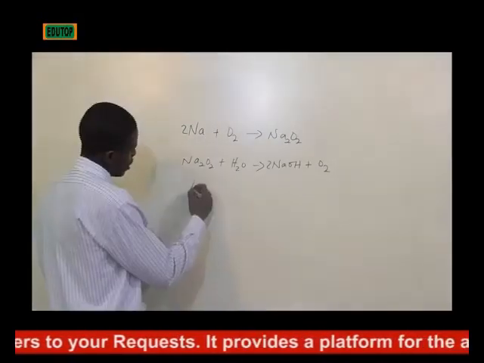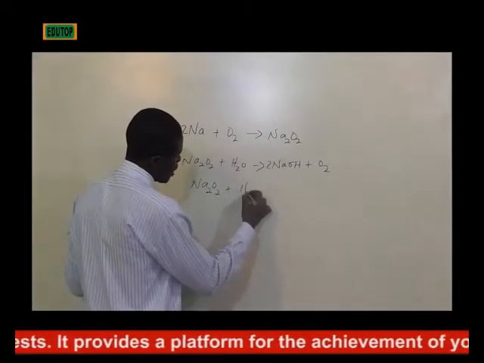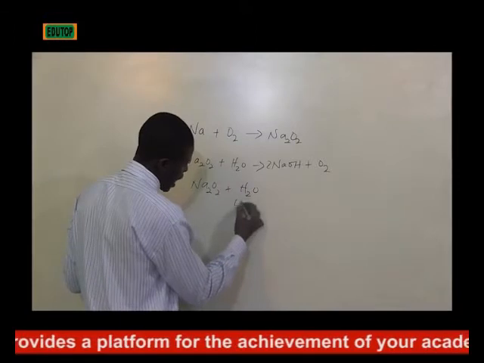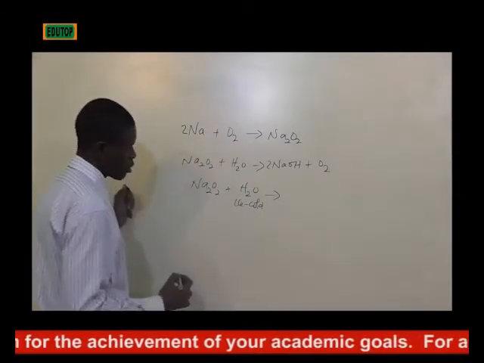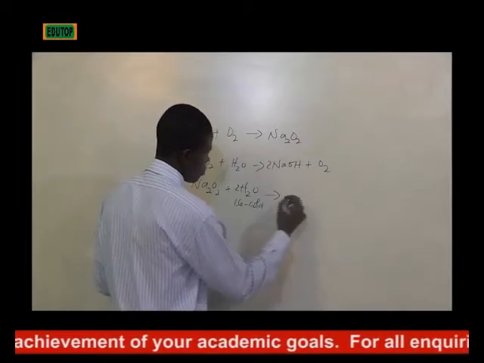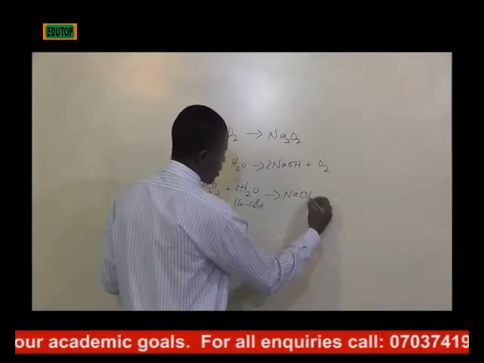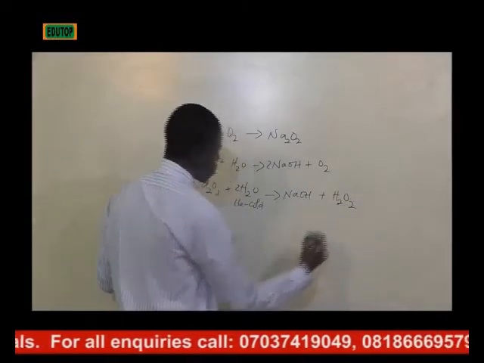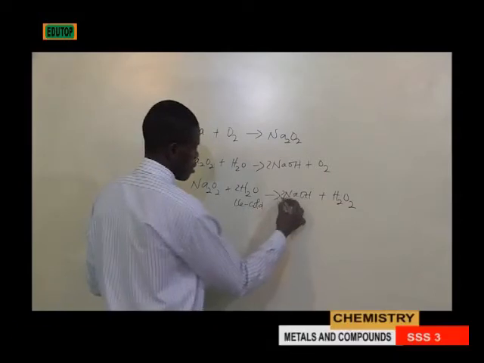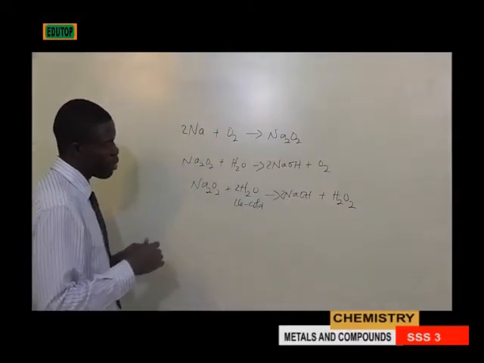So sodium peroxide in ice cold water will give a different product. In ice cold water, you have sodium hydroxide plus hydrogen peroxide.